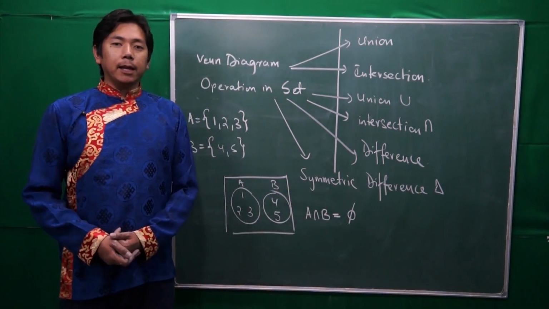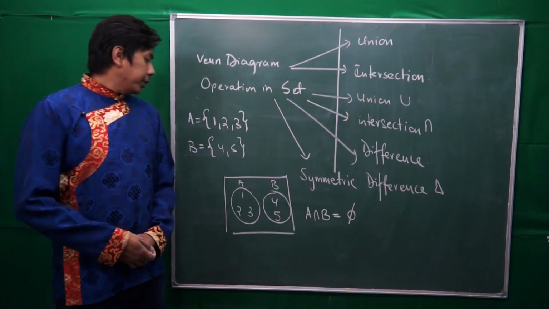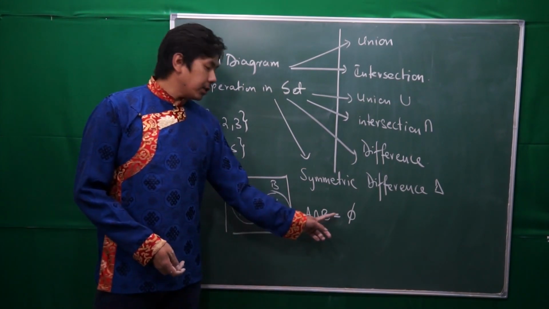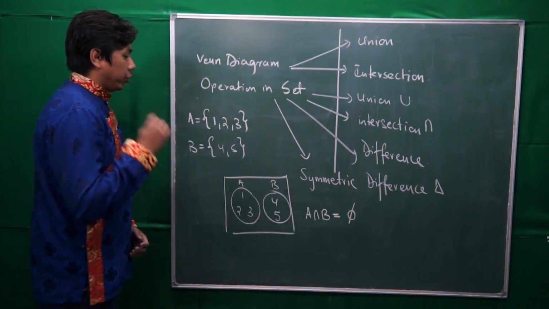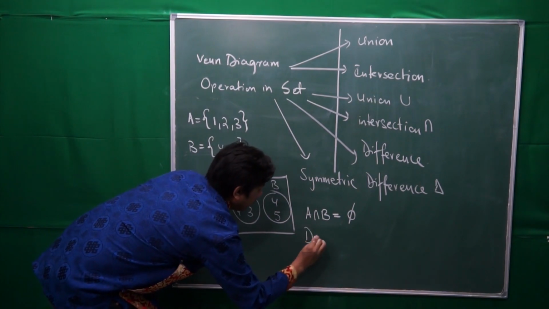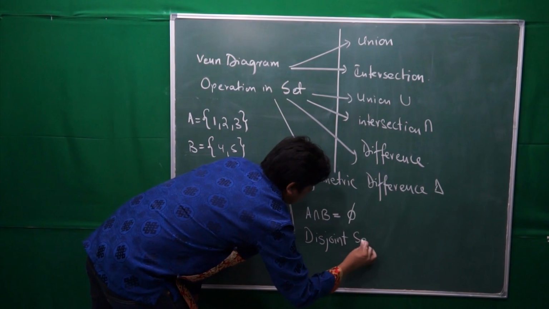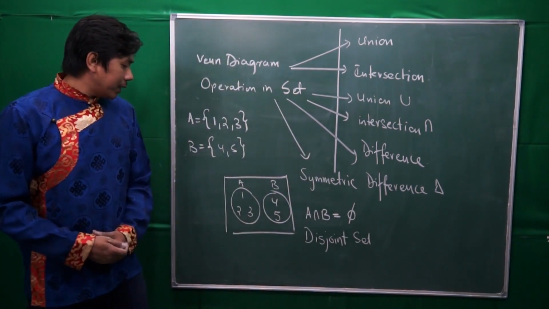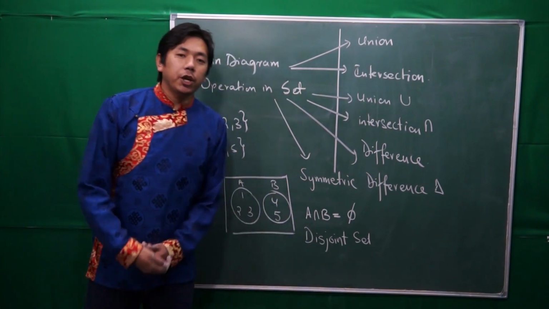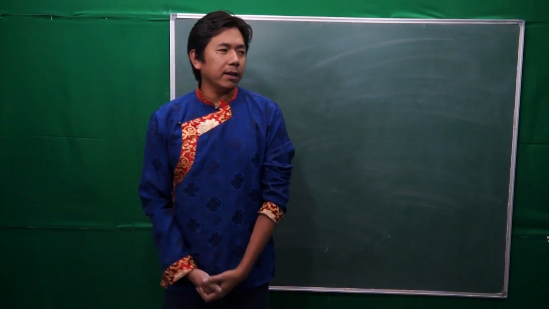There are no overlapping elements, and such sets in which the intersection is always a null set are called disjoint sets. So based on the operation, we have another type of set which is known as a disjoint set. Is it clear?